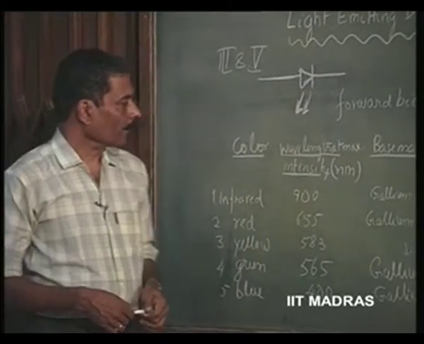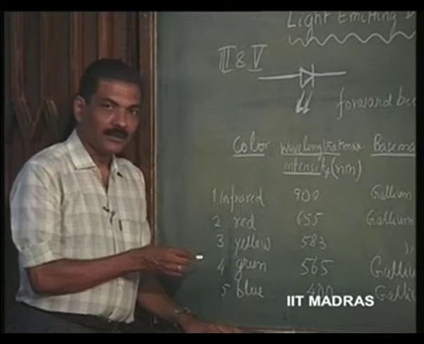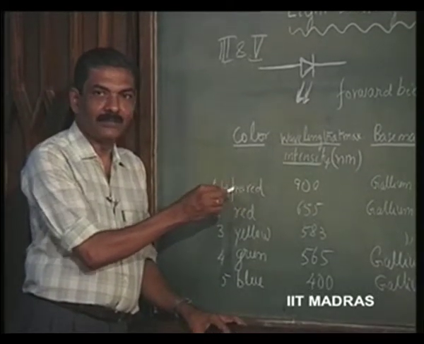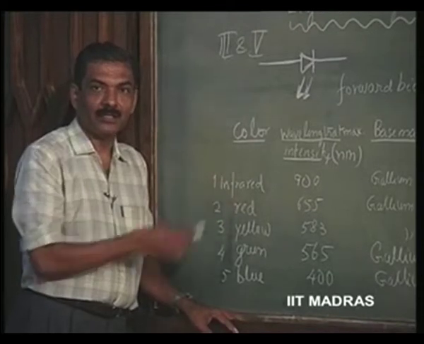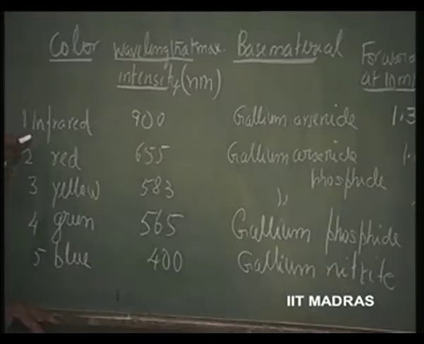The color, for example, infrared, is not visible. This is very useful for defense applications. There is light, but it is not visible to the human eye. So, this is commonly used for military applications.